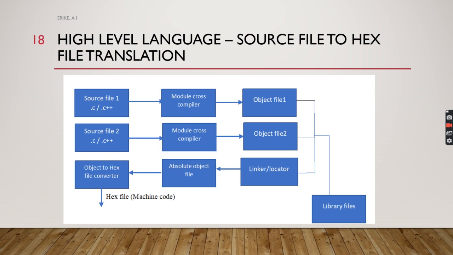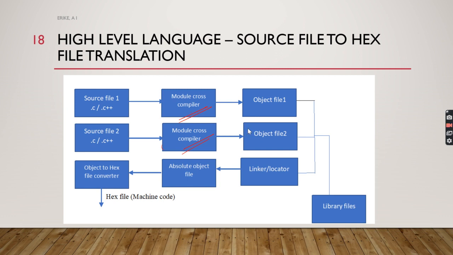The embedded firmware is written in any high level language like C or C++. The software utility called a cross compiler converts the high level language to target processor specific machine code. So one of the things that is very important in this area is this cross compiler.